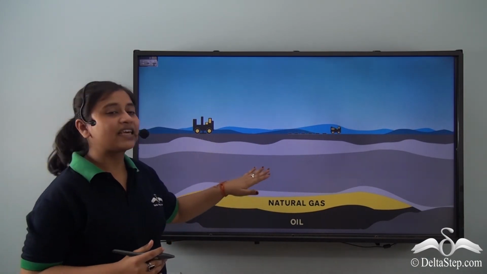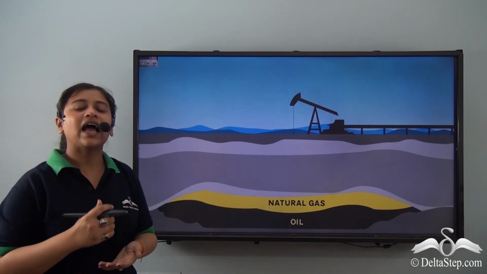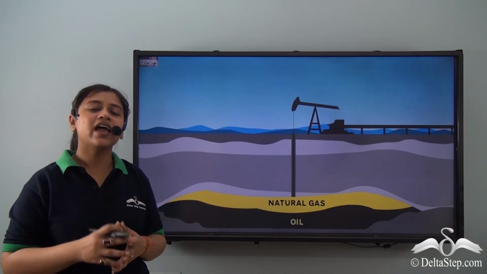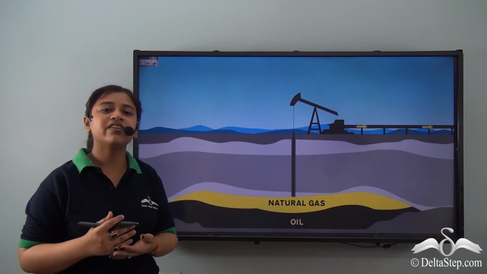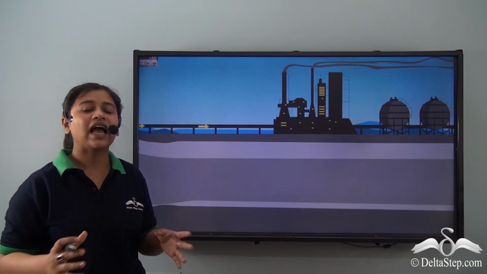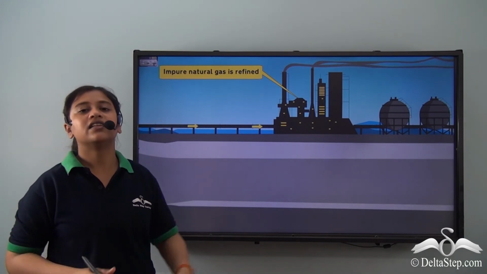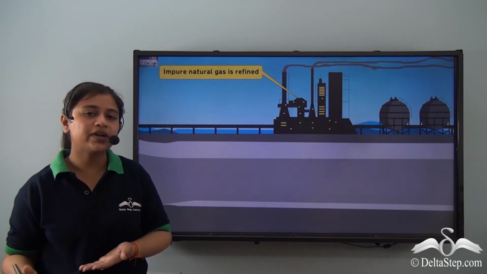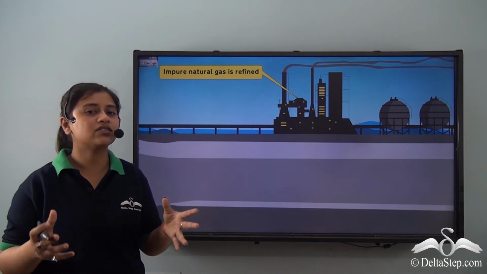Then from the gas fields, this natural resource is extracted and sent to gas refineries. There, this impure natural gas is refined, all unnecessary compounds and sediments are removed, and then we get refined natural gas. This refined natural gas is then compressed into different forms and distributed to various parts of the world.